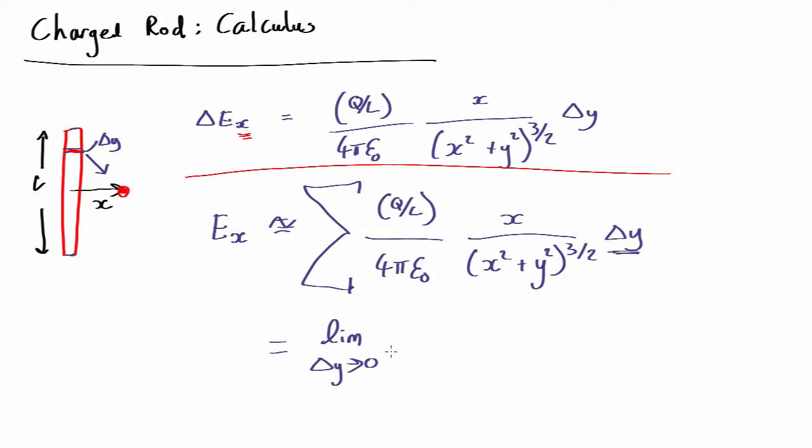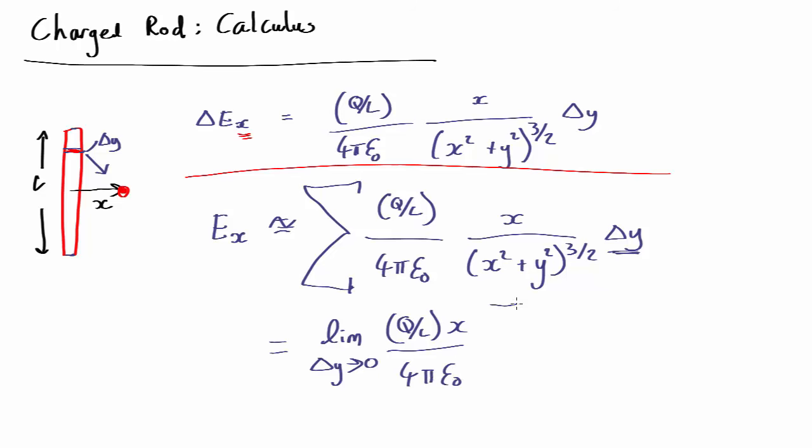Now, when we take the limit, some calculus magic happens. When you have an equation like this with a sum and a delta y, and you know it's going to get more and more accurate the smaller you make the delta y, when you take the limit of delta y tends to 0, it turns from a sum into an integral. So the limit delta y tends to 0 of this, we'll take all the constants outside, so q over L, x over 4 pi epsilon naught, those are all constants for the summation.